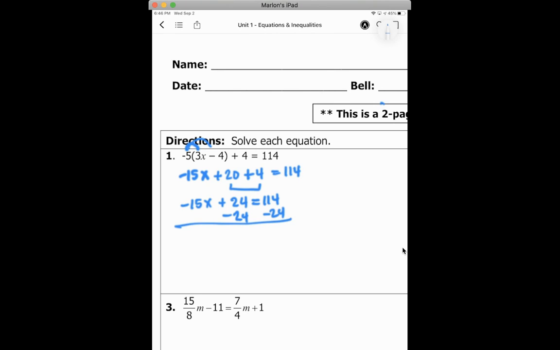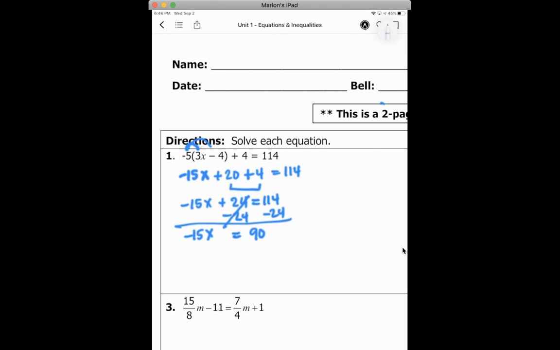So let's do that. Let's bring down negative 15x. 24 minus 24 is 0, so that's canceled out. Equals, and you have 114 minus 24. That gives you 90.